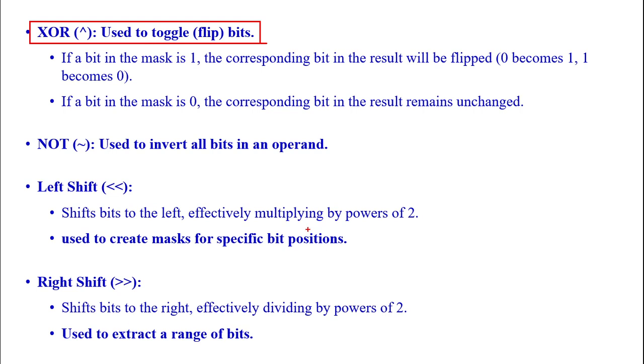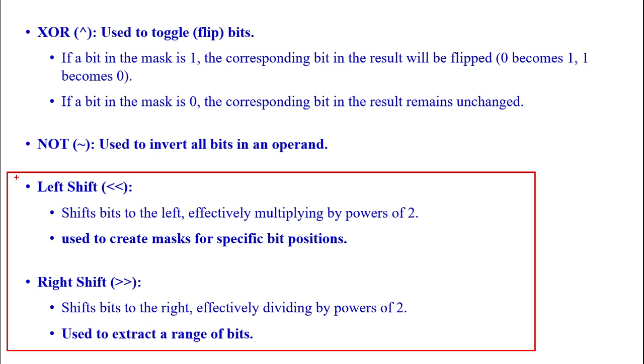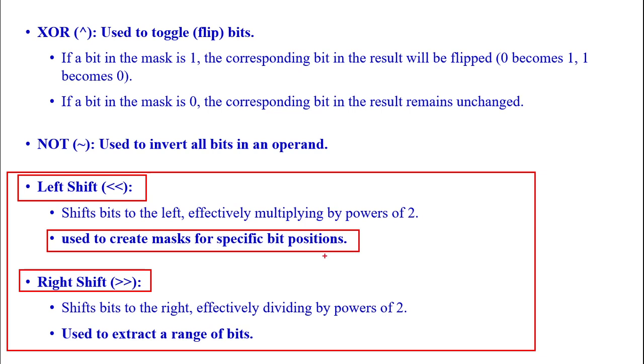Along with that, we have two more important bitwise operators, called left shift and right shift. These two are very important operators. Without them, we cannot achieve any bit masking. So what is the use of the left shift operator? You can see here, the left shift operator is used to create the mask for a specific bit position.